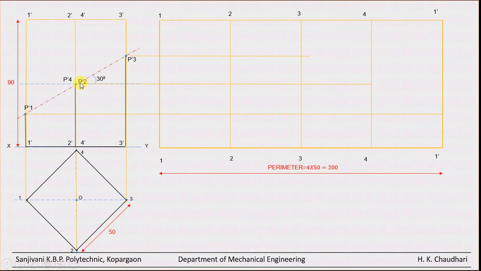Now for point number 2, P2 point. So horizontal line taken from point P2, P dash 2, and exactly on this vertical edge, this is the point P dash 2, clear? Similarly, the same line of projection is for P dash 4.